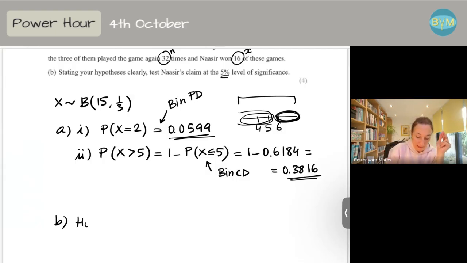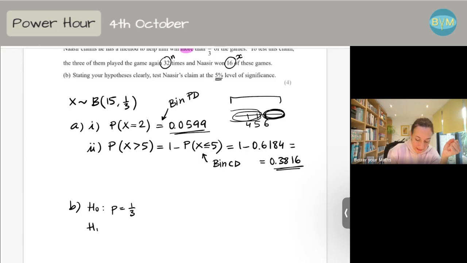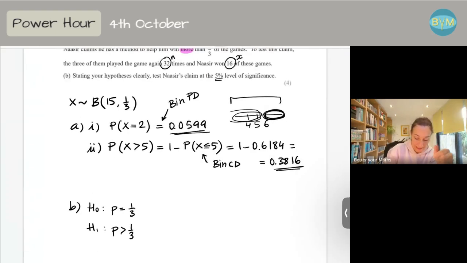For binomial, H0 is always P equal to the probability, always, regardless of what you think, or he thinks, or they are supposed to prove. Then H1 is going to change depending on the question. So we are testing greater, smaller, or different. In this case, he thinks that the probability is more than 1/3. So this is what we are testing, P greater than 1/3, right?